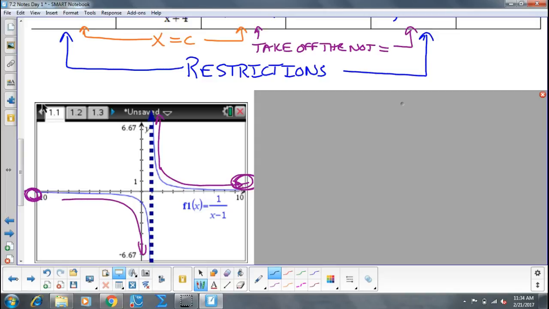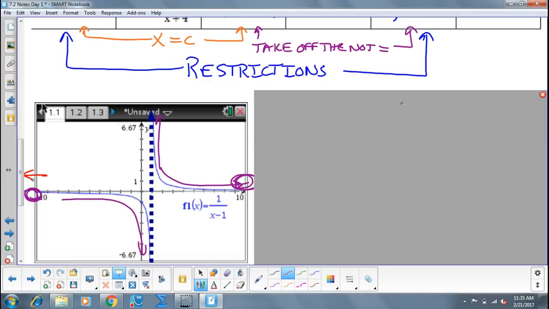Okay? So I'm looking at the extremes. Well, way over here on the left side, what's my function doing? Way over there, where's my function approaching? Way over here on the left? What's my function doing?